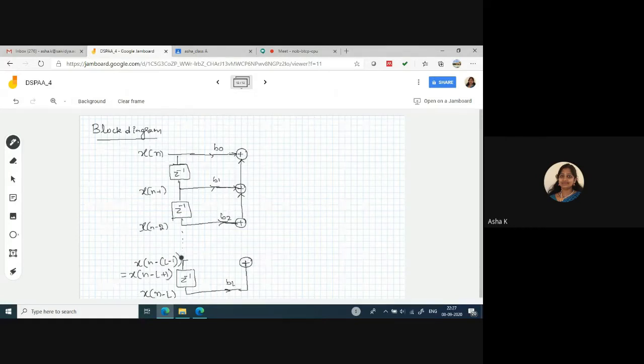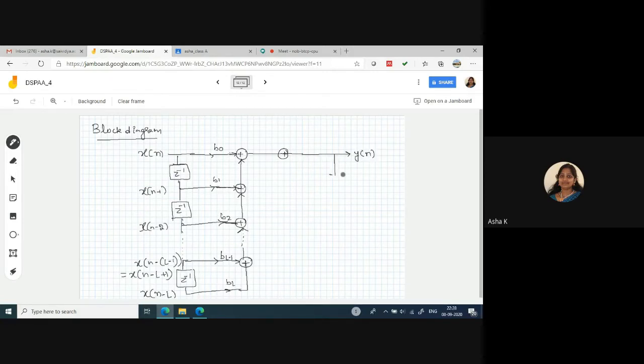Now if the multiplication factor here is BL minus 1, again this will be added to this adder. Coming to this particular end, I'll be having again one more adder. I'll connect this to the output y of n.